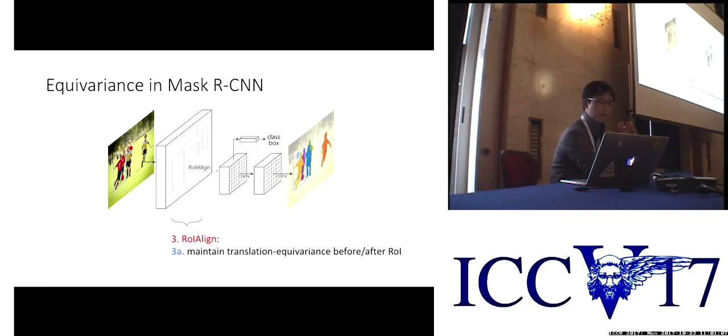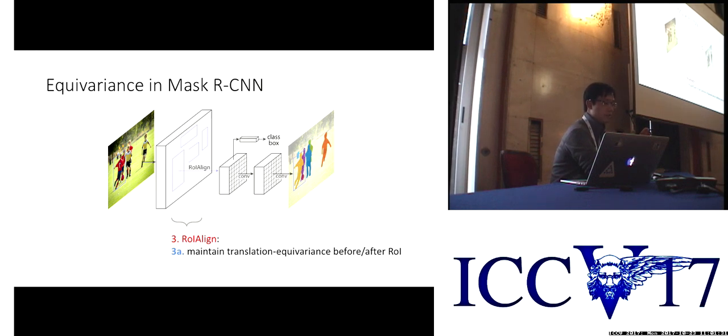And also, in the case of Mask R-CNN, we have proposed the ROI align operation, which can introduce more degrees of invariance in the system. On one hand, the ROI align layer can maintain the translation equivariance before and after the ROI layer.